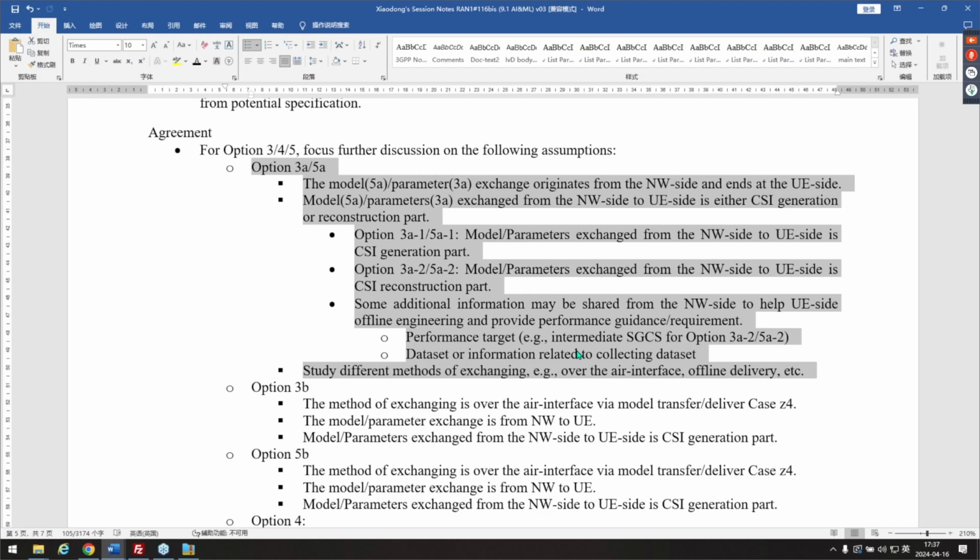At this point, it doesn't mention anything about what we should do in this proposal. So you also want to capture the solution where you have option 3A and 5A, but there is no guarantee or no performance target to check the models developed at the UE side. I think companies can bring proposals.